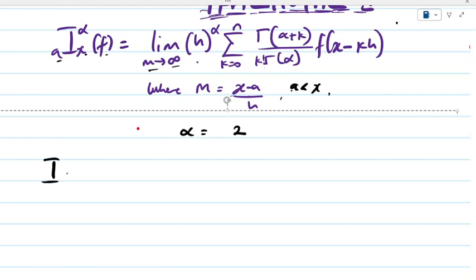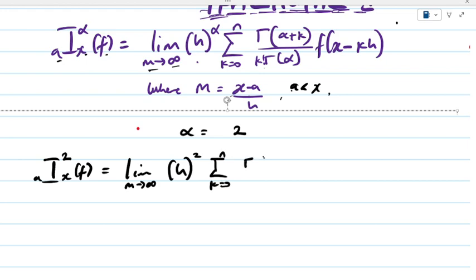We have the integral of order 2 from a to x of f. We are substituting alpha equals 2 into the equation. We have h squared, summation k equals 0 to n, gamma 2 plus k over k factorial, and then gamma 2, f of x minus kh.